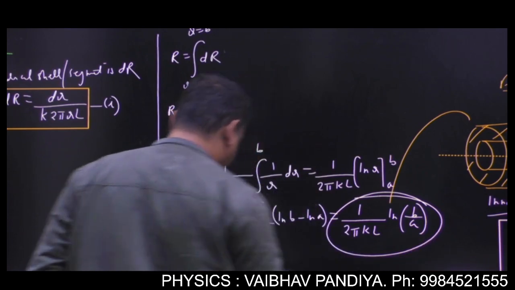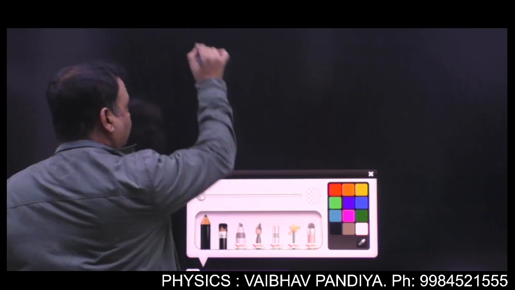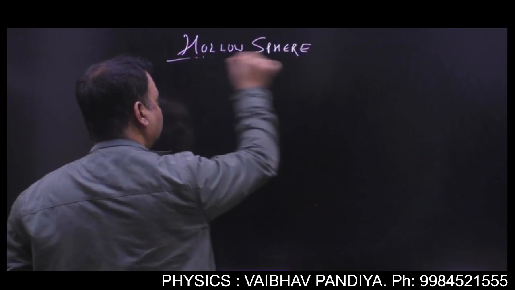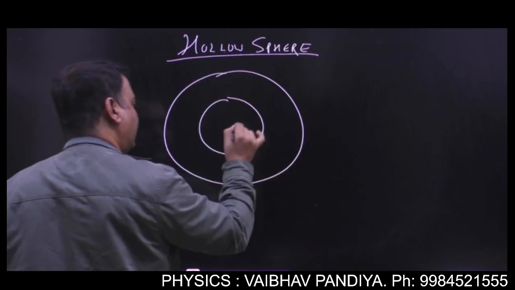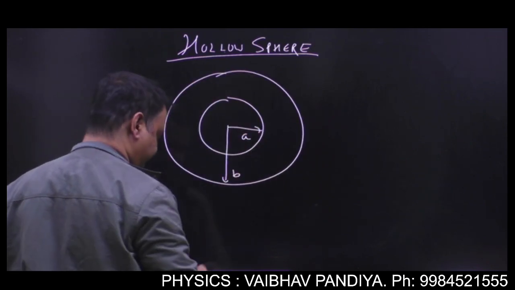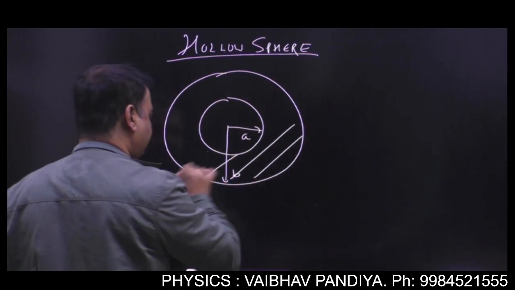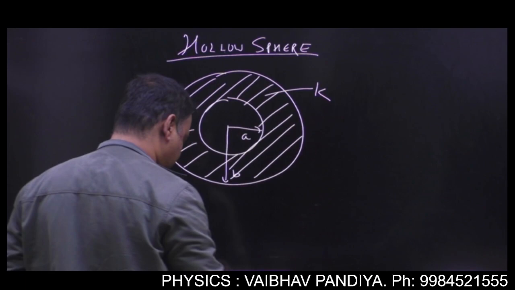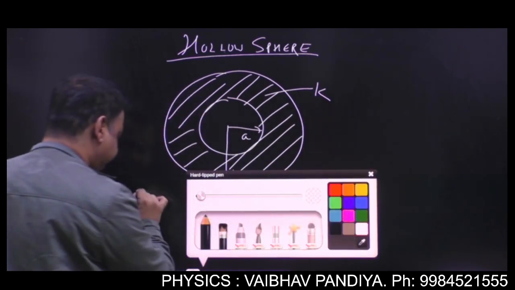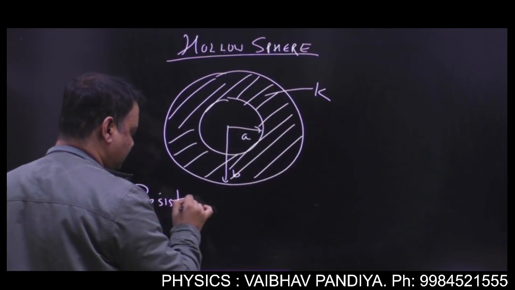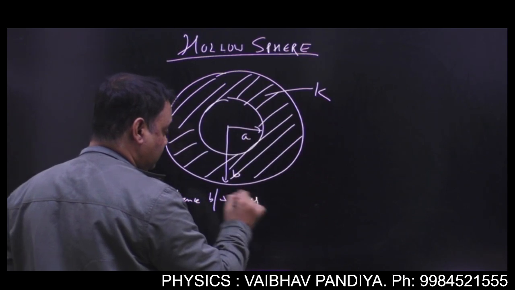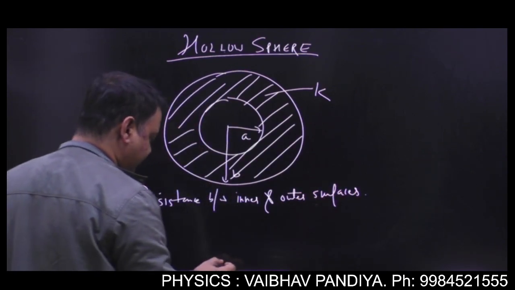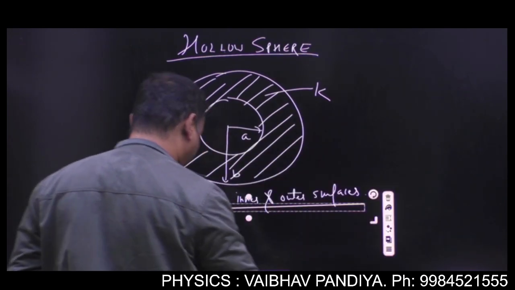In the same way, suppose we have a sphere, a hollow sphere. And the inner radius is A, outer radius is B. And say it is made up of a material of conductivity K. And we have to find the resistance between inner and outer surfaces.